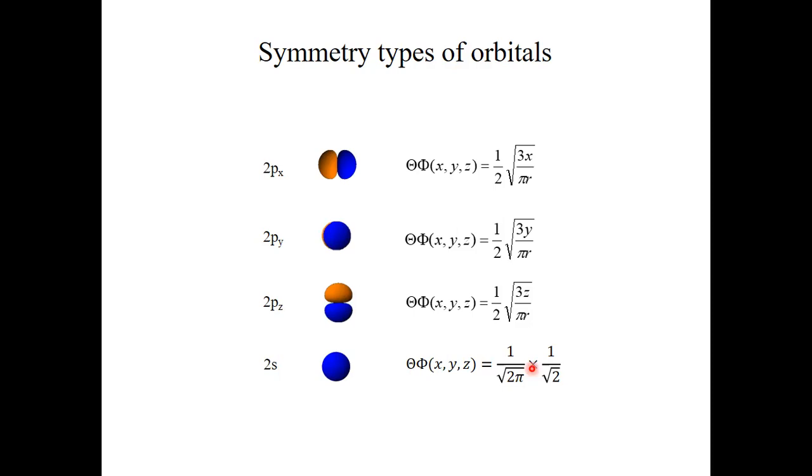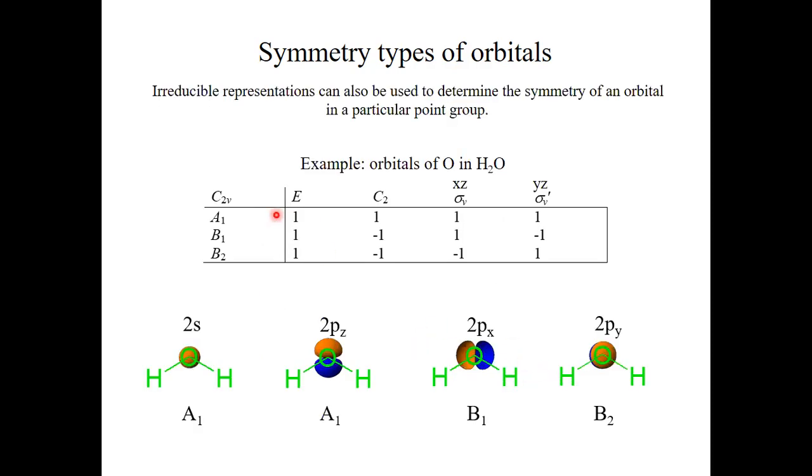That means the symmetry type in which all characters in the irreducible representation are 1. In our case, in the point group C2v, that's the symmetry type A1. See, all characters within that line here are +1.